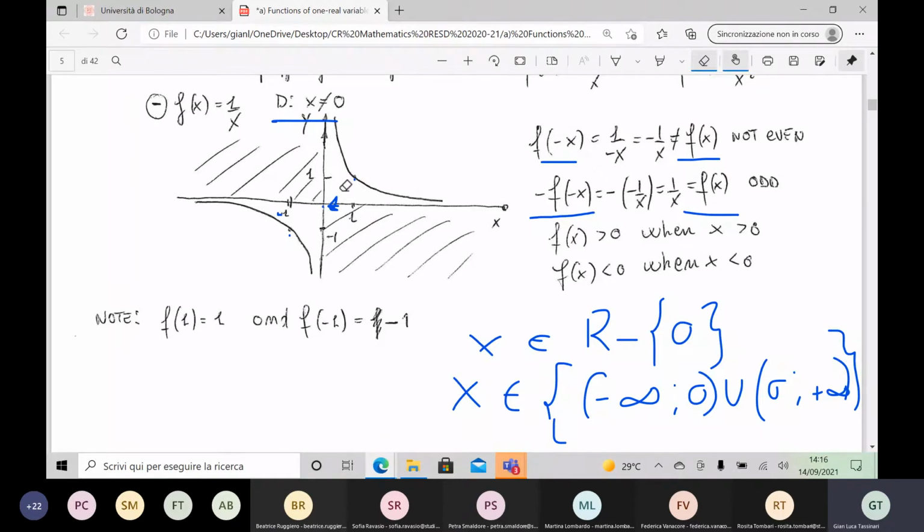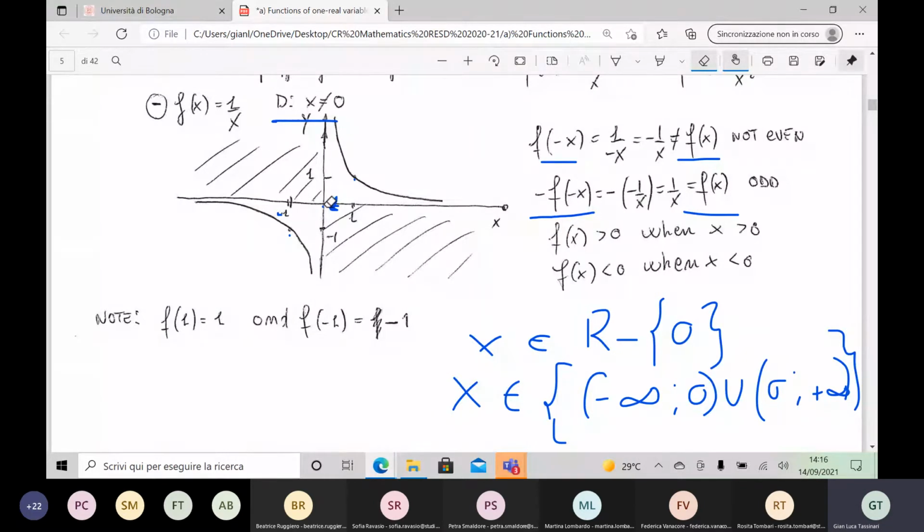Which is the value of your function when you get even closer and closer to the origin? For example, when x is equal to 1 over 1 billion, which is 0.000000001, the value of the function f of 1 over 1 billion is 1 over 1 over 1 billion, which is 1 billion, so it's extremely huge. So as we are getting closer and closer from the right to the origin, we say to 0 plus, because here x is 0 from the right.